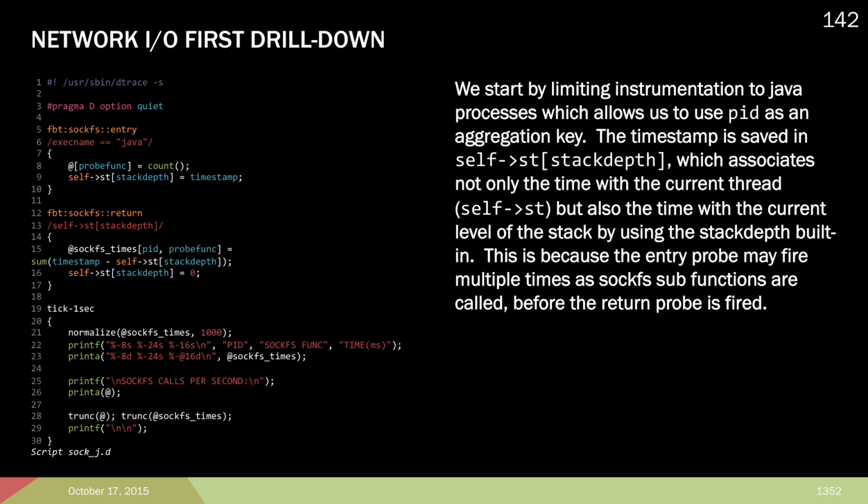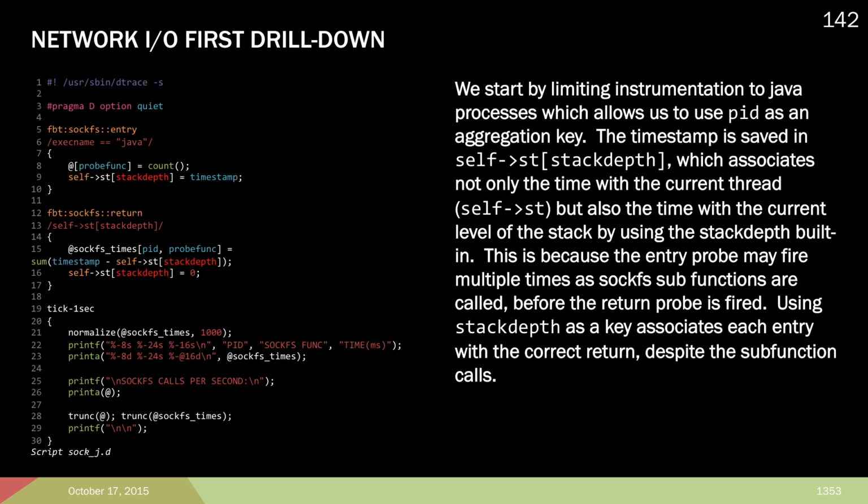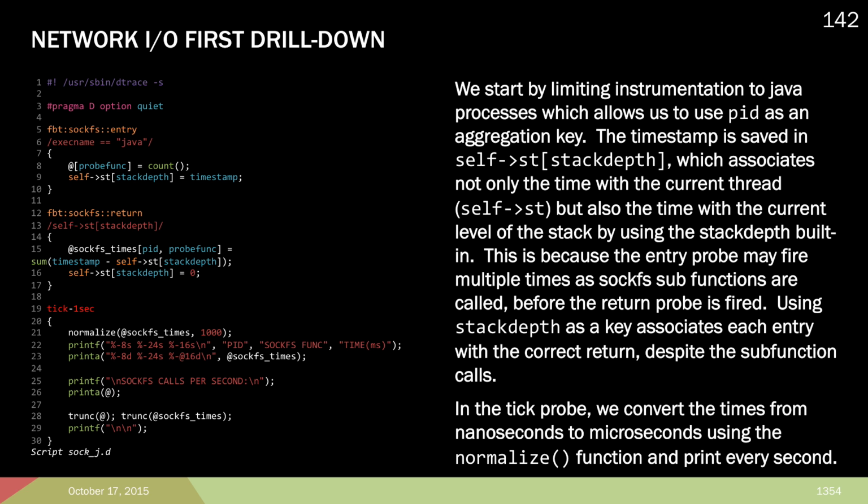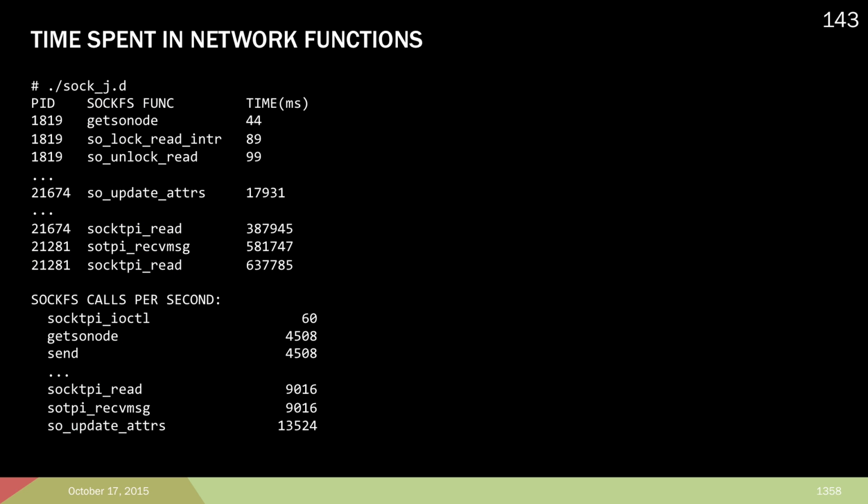This is because the entry probe may fire multiple times as the sockfs subfunctions are called before the return probe is fired. Using stackdepth as a key associates each entry with the correct return, despite the subfunction calls. In the tick probe, we convert the times from nanoseconds to microseconds using the normalize function, and print every second.